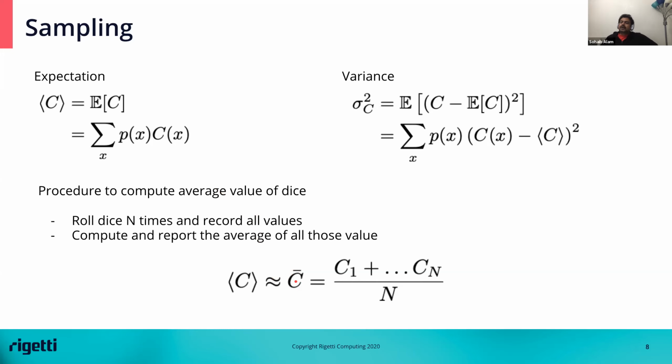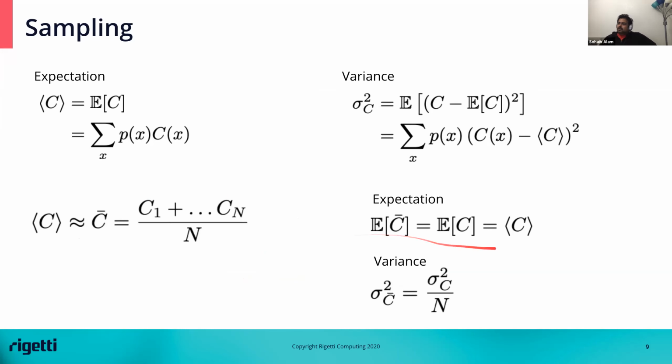Because the expectation value of this estimator of C is the same as the expectation value of the original thing that it was trying to estimate in the first place, okay? So this is a random variable in its own right, and its expectation value turns out to be equal to the expectation value of the original observable C, which is what I've been writing as C within the brackets.